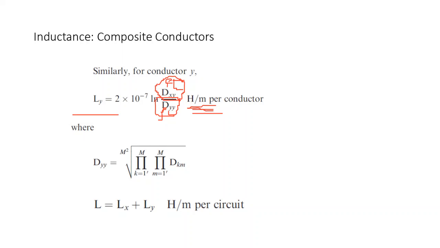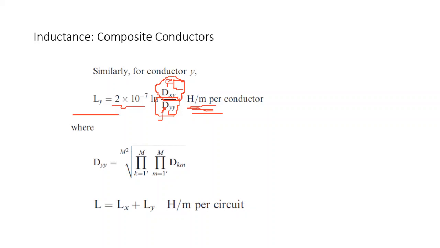It comes from the permeability. As you remember in the first part, we had the permeability 2 times 10 to the power of -7. That is the first part you review, how we determine the formula. So the unit of 2 times 10 to the power of -7 is Henry per meter.